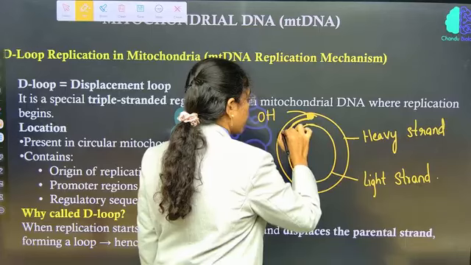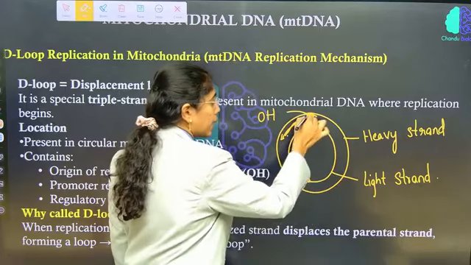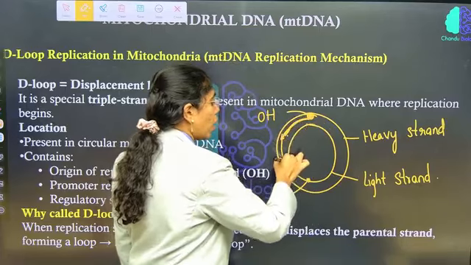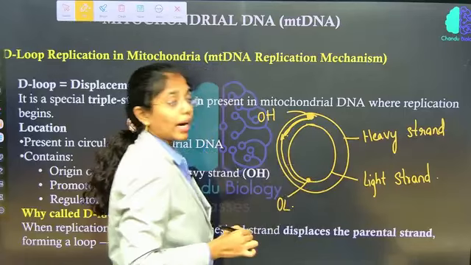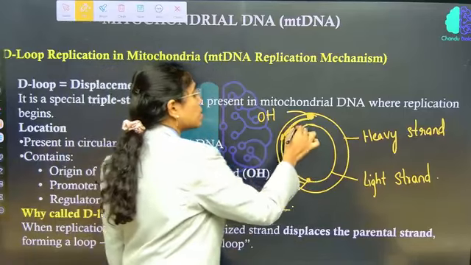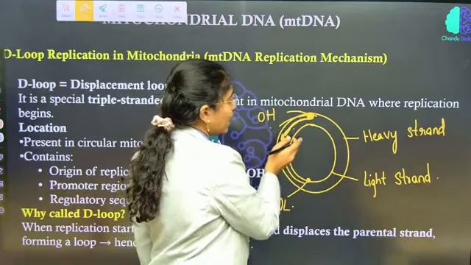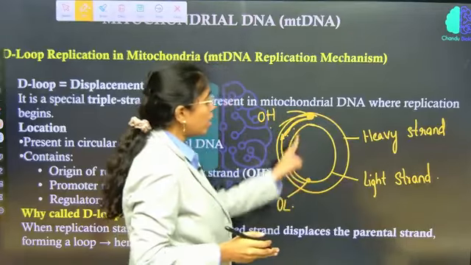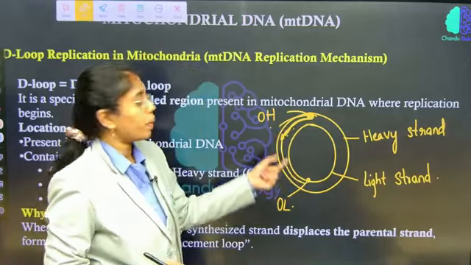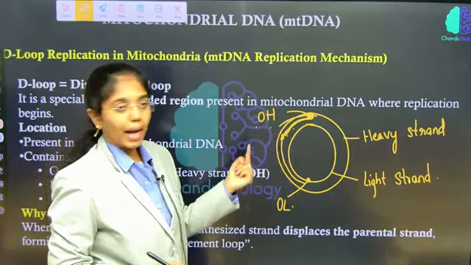By the time it reaches the ORI site of the light strand, the newly formed strand forms a displacement loop between the OH and the light strand.